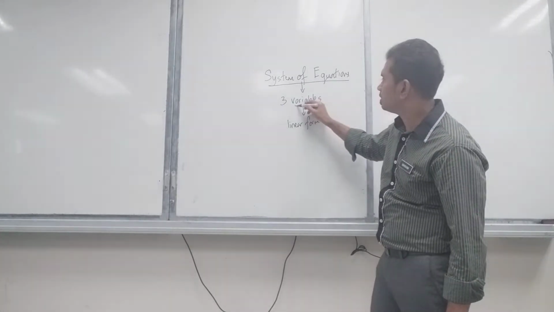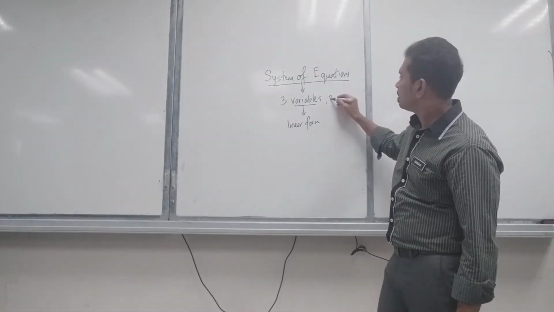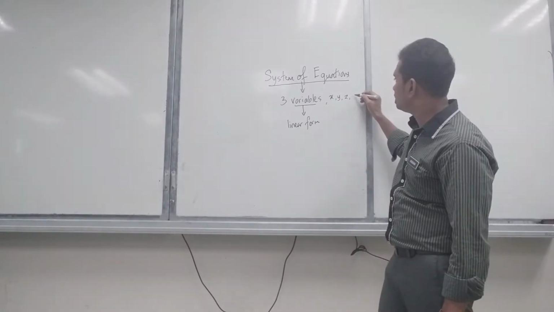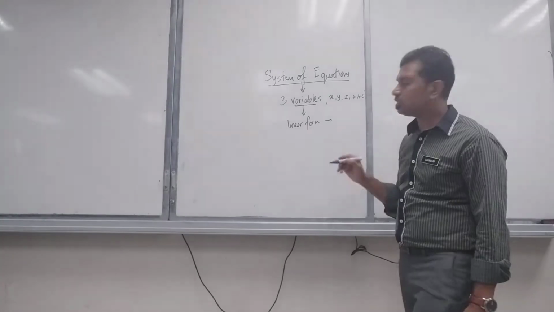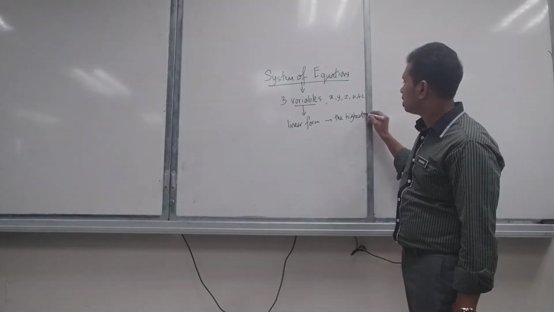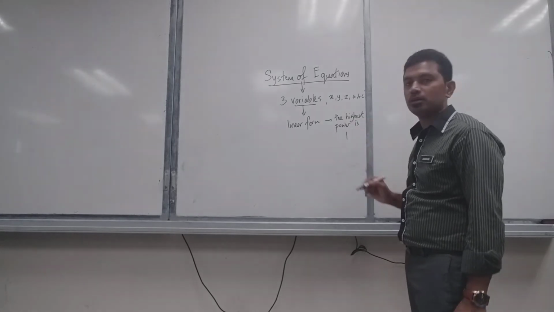Variables can be any alphabet: X, Y, Z, even A, B, C. And linear form means the highest power is 1.